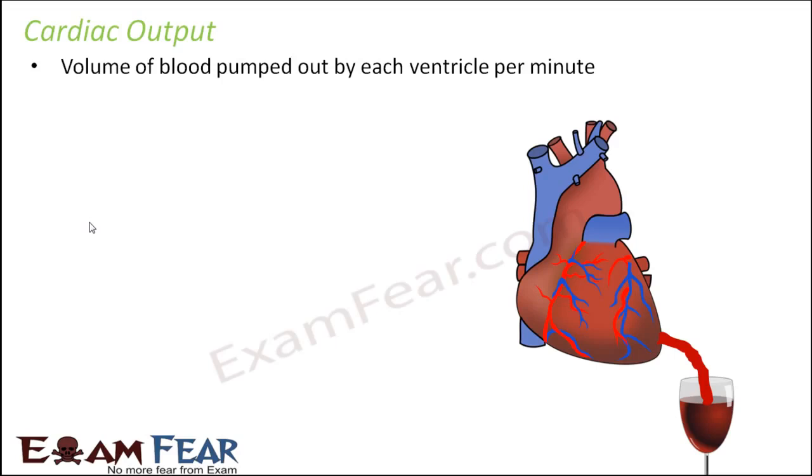That volume of blood is known as cardiac output. So if the cardiac output is more, we say that the heart is pumping out more blood. So it is a parameter to measure the functioning of the heart. Now let us try to calculate the cardiac output for a normal healthy adult human being.